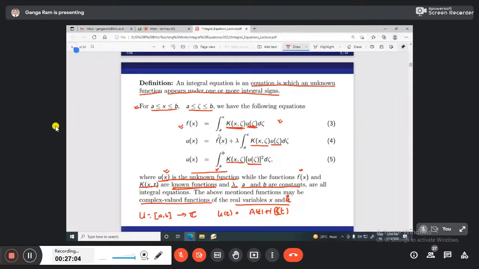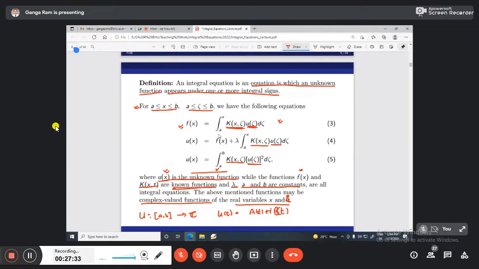Same here: u(x) is equal to f(x) plus lambda times the integral from a to x of k and u. Again there are two functions in the integral sign. Then u(x) equal to this quantity, the integral from a to b of k(x, zeta) and u(zeta) whole squared d zeta. So under the integral signs there are two functions. Do you agree?